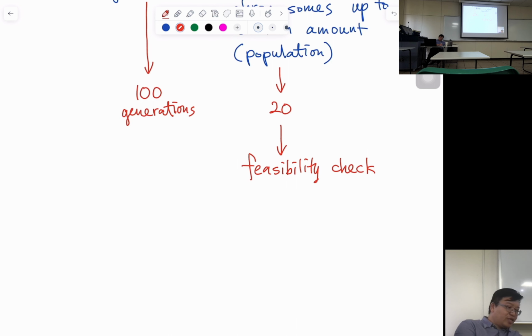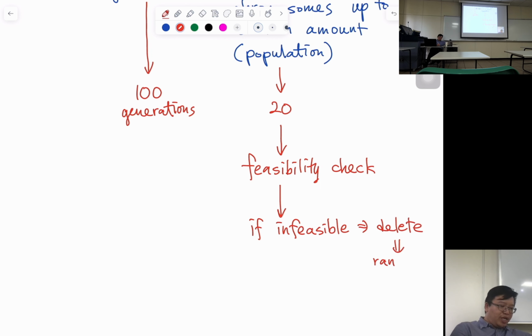So over here, if infeasible, in my case, I will delete and randomly generate another one.